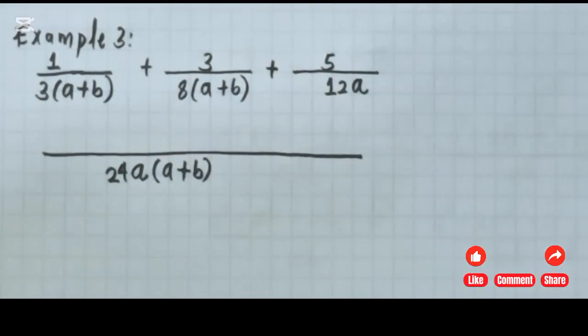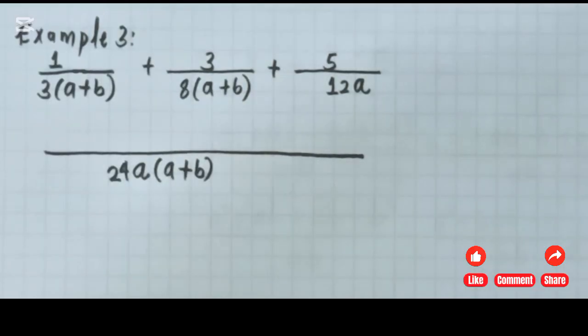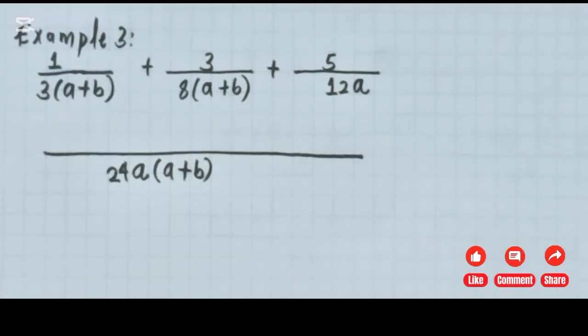So our LCM will be 24a into a plus b. That is the LCM of this expression. Nothing complicated. When you're talking of LCM, you pick every term, and if a term has repeated itself, pick the one with the highest power.